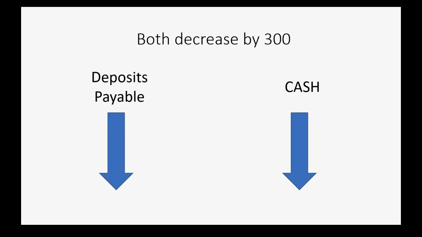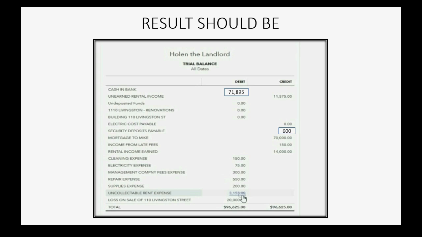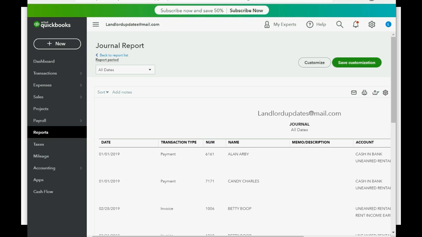Well, they will both decrease by $300. So therefore, security deposits payable will become $600 after this transaction, and cash in bank will become $71,895 after this transaction.